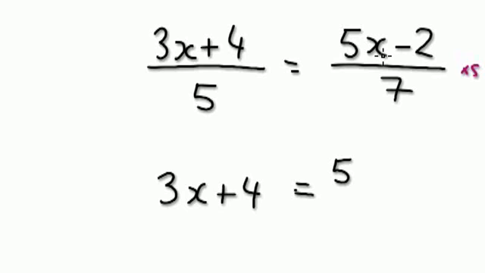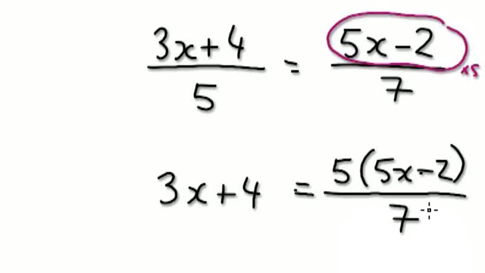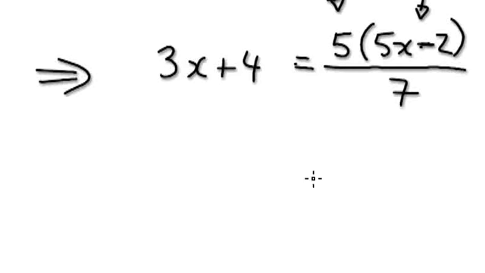Imagine this is in a bubble at the moment, so I've got 5 bracket 5x minus 2, over 7. The 5 belongs here, the bubble is here, and the 7 is there.